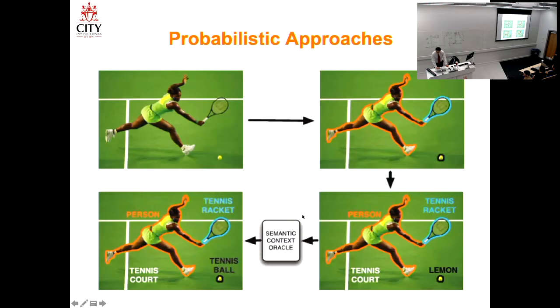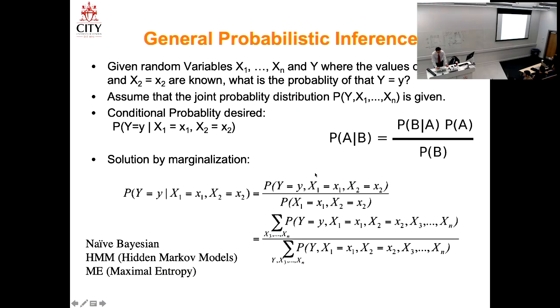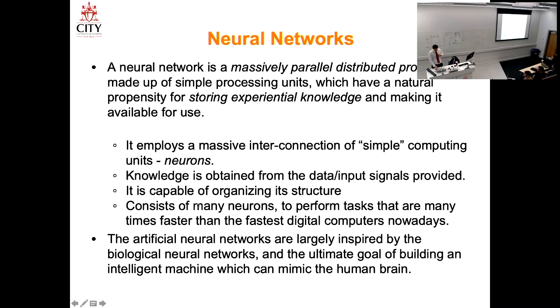So it has some semantic context, for example. The idea is similar. It is not exactly like that, but the idea is you have a probability, like the Bayes equation: probability of A given B times probability of B equals probability of B given A times probability of A. So there are probabilistic inference models: naive Bayesian, hidden Markov models, and maximum entropy.